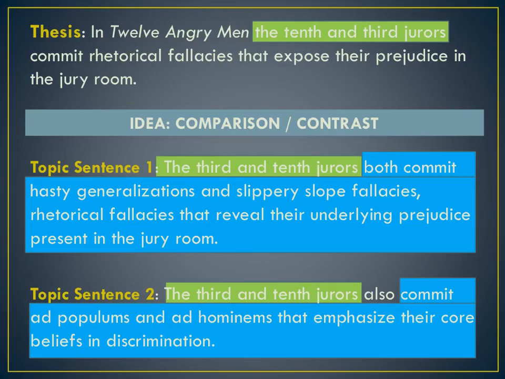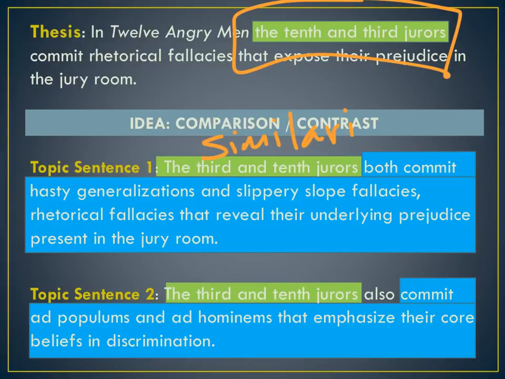So in this model, directly from an analysis of 12 Angry Men from one of my former students, they are writing a comparison between the 10th and the 3rd jurors. And so what they're doing is they're focusing on specific similarities in both topic sentences, and that's what you see in blue.